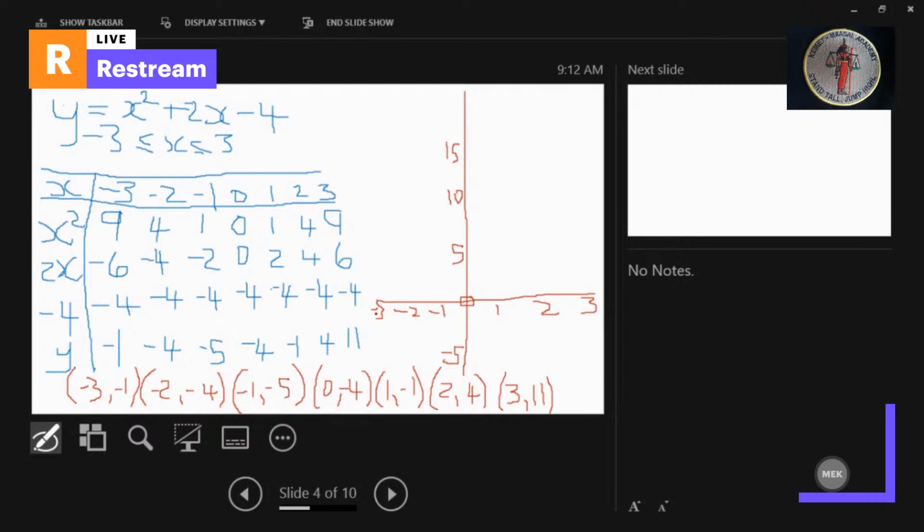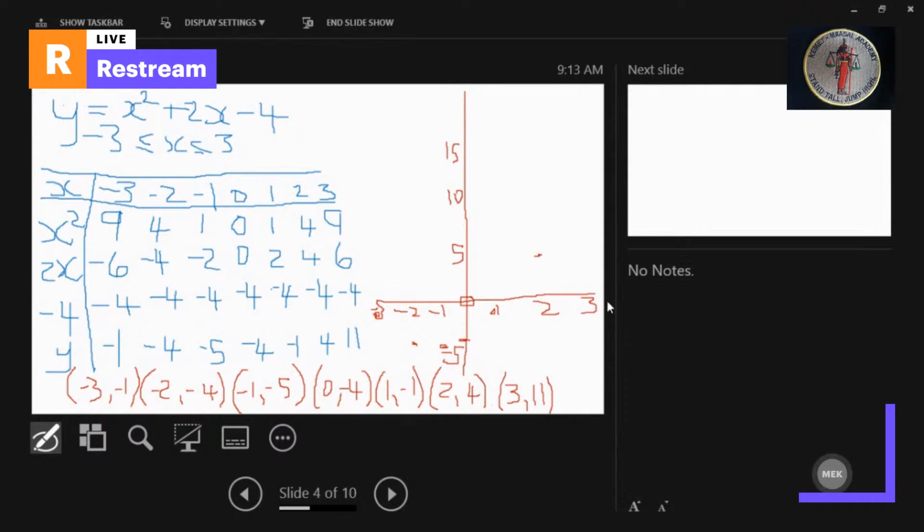Then -2 down to -4. -1 on the x down to -5 there. 0 down to -4. 1 on the x down to -1, so that's roughly there. 2 to 4, so +2 on the x, +4 on the y.